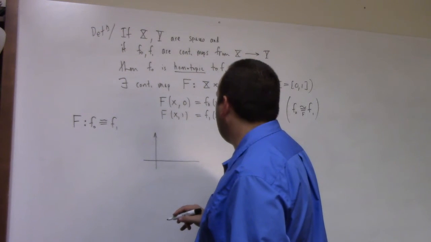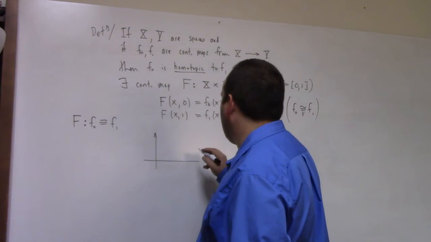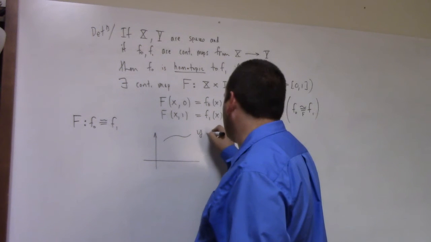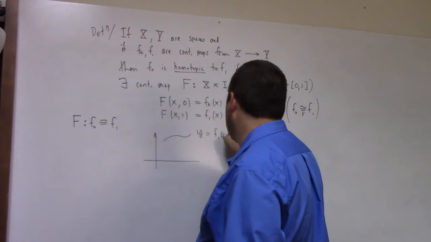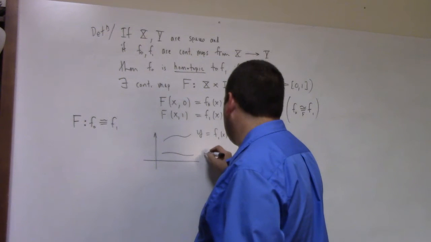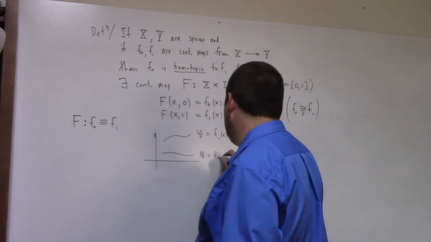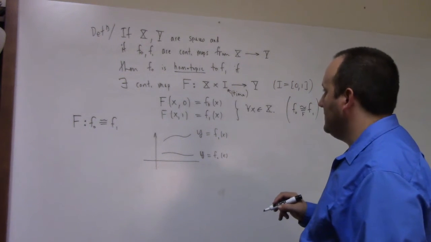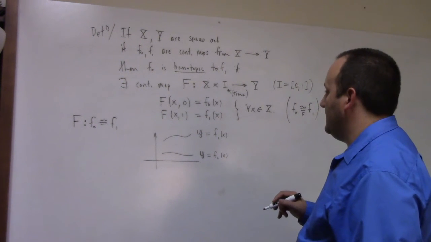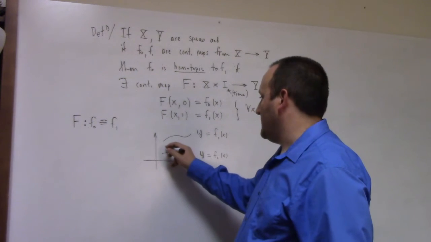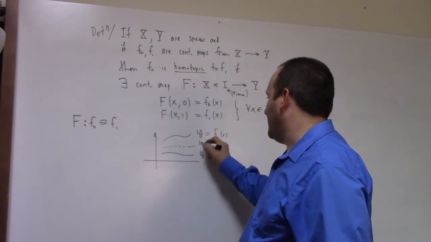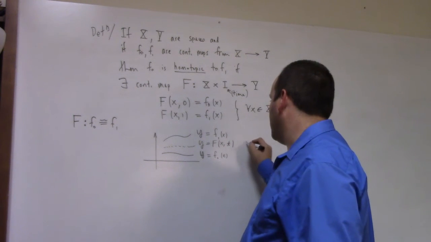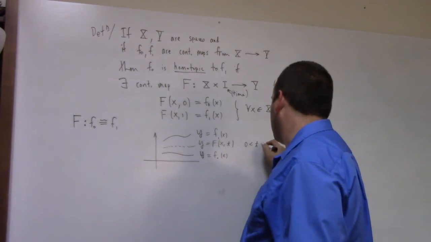Let's see, if I actually had graphs, like this was the graph y = f1(x), and this was y = f0(x), something like that, right? Then you can imagine if you had f somewhere in between, that'd be something like y = f(x, t) for some t between 0 and 1.